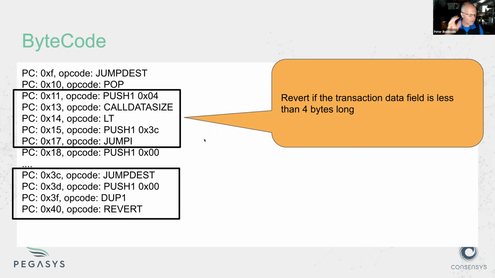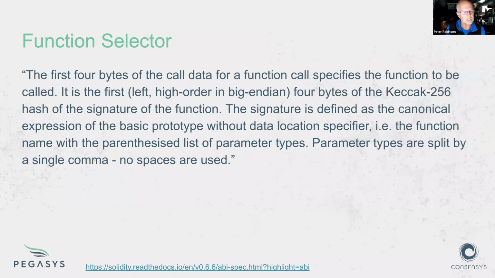The reason it wants to do that is related to something called function selectors. A function selector is a truncated message digest of a function signature. So you can think we had a set brackets uint256 function.